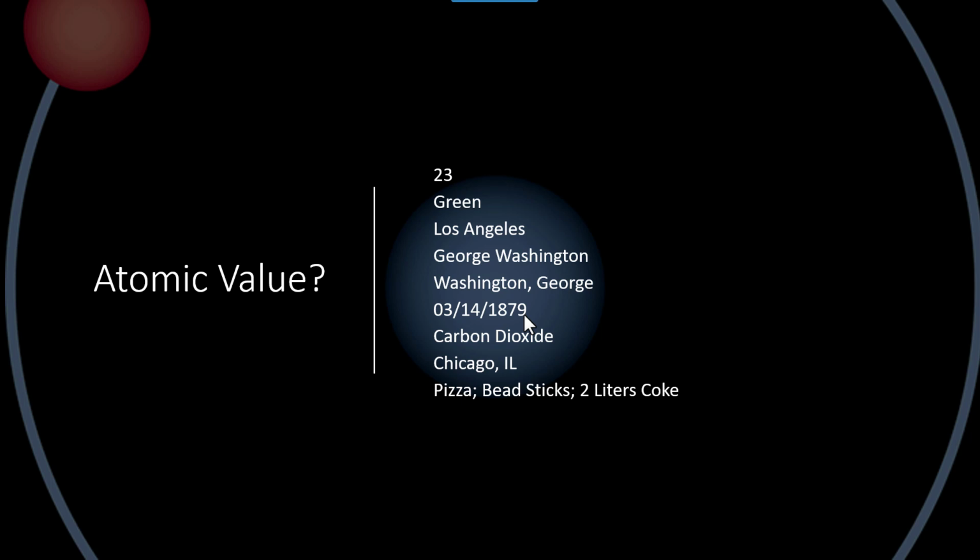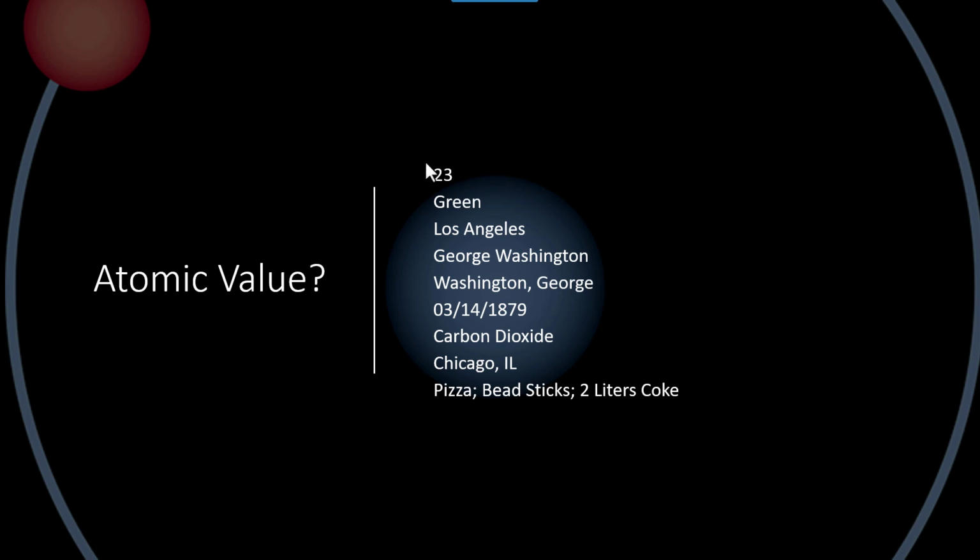Of course, carbon dioxide is clearly an atomic value. Chicago, Illinois, I would not consider that an atomic value, mainly because Chicago is a city and Illinois is a state. And then for the last example, where we have pizza, breadsticks, and 2 liters of Coke, I would not consider that an atomic value, as we're really describing like 3 products within a column.